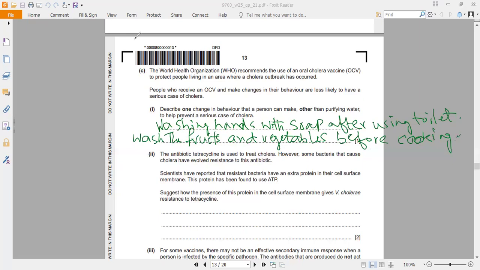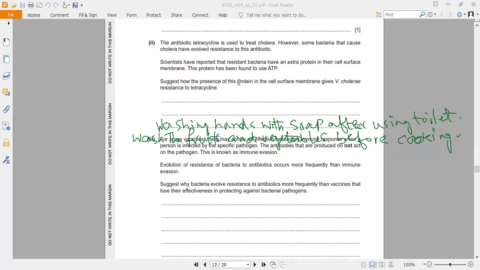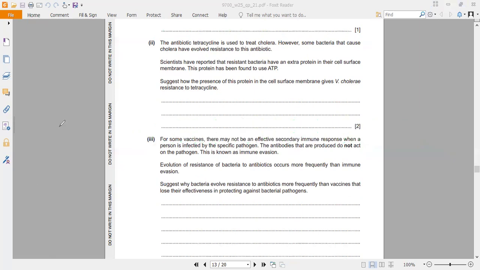Now next question is, the antibiotic tetracycline is used to treat cholera. However, some bacteria that cause cholera have evolved resistance to this antibiotic.